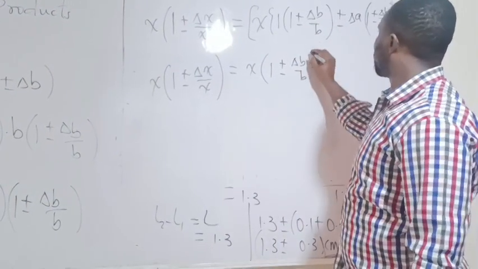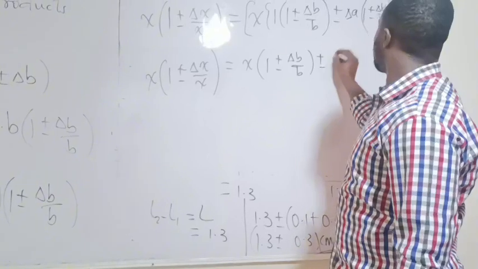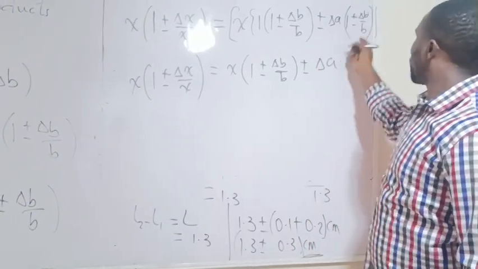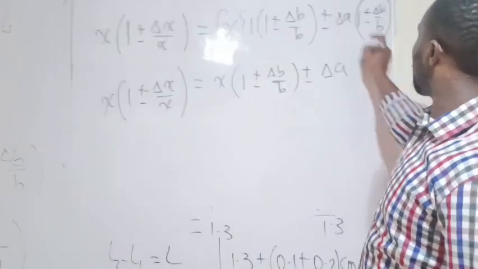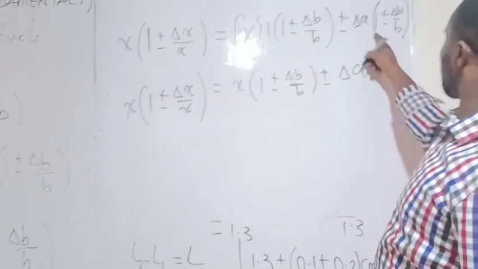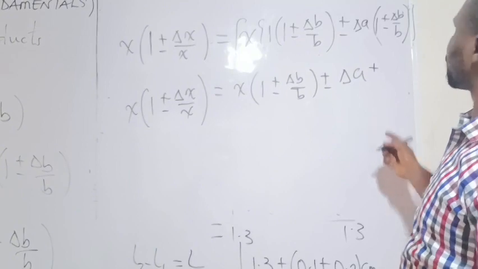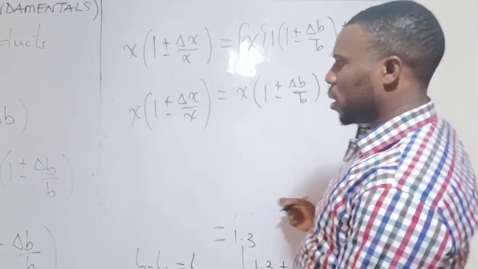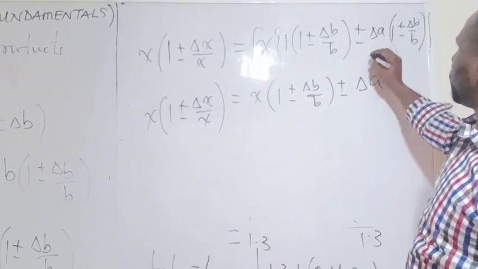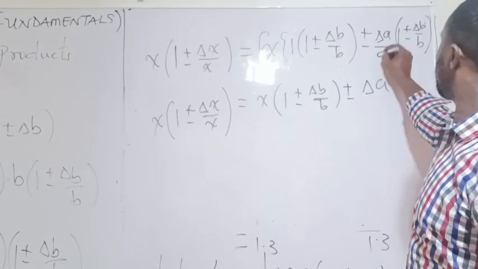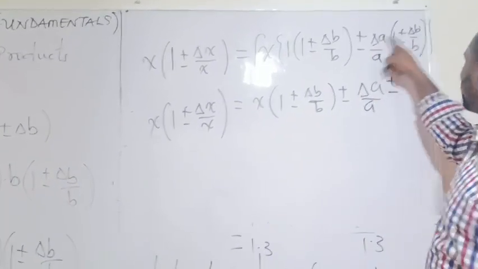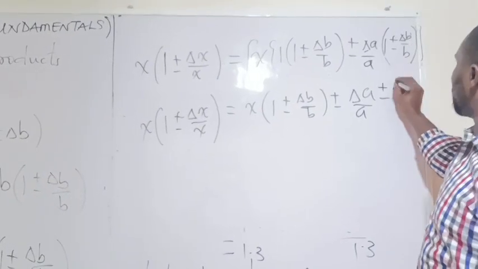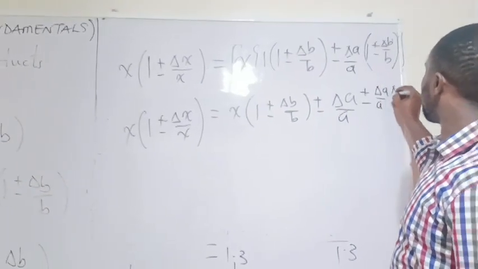Then I have plus or minus delta a, times 1 is delta a, and this is meant to be delta a over a. Then I have plus or minus the product of these two terms, that is delta a over a times delta b over b.